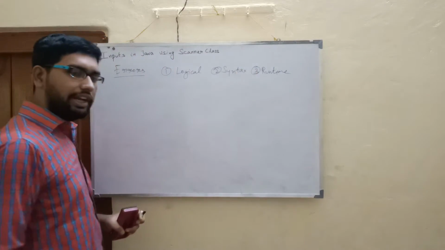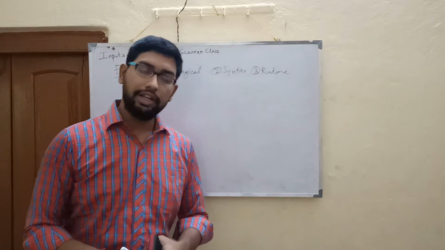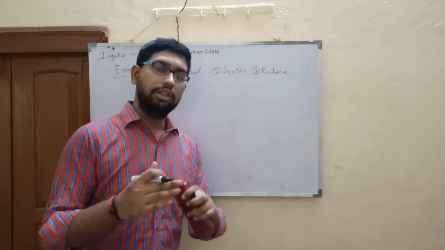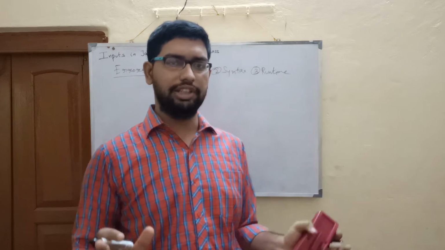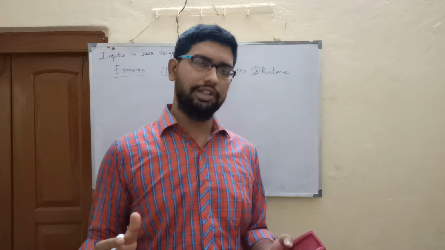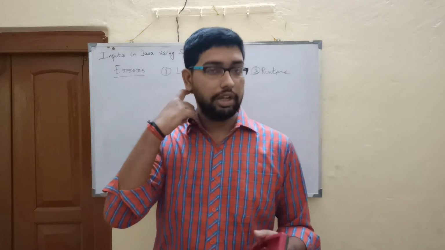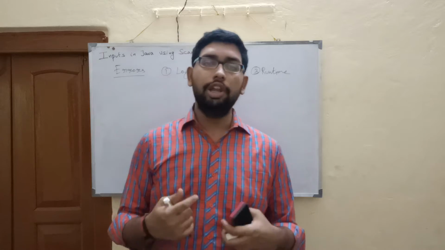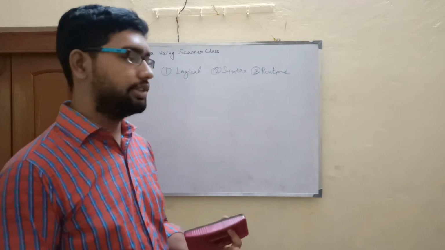So what is a logical error? Logical errors are the errors which are made while writing a program. The program may run and show that no syntax errors are there. The program runs flawlessly during compilation. But when inputs are given, there may be some basic problems.